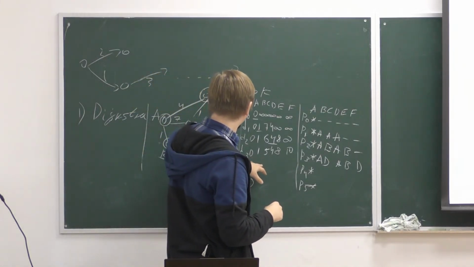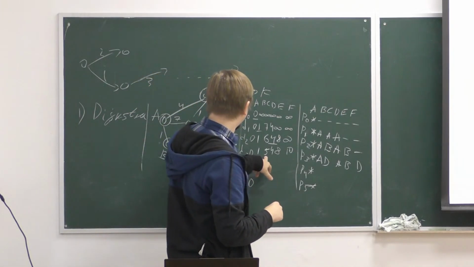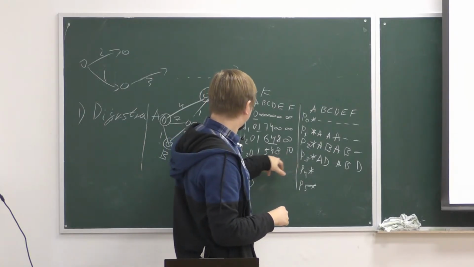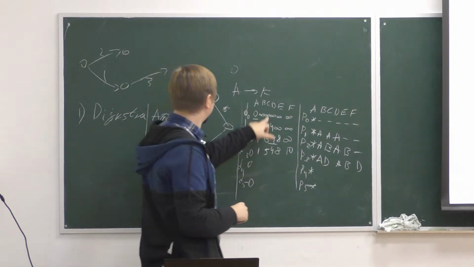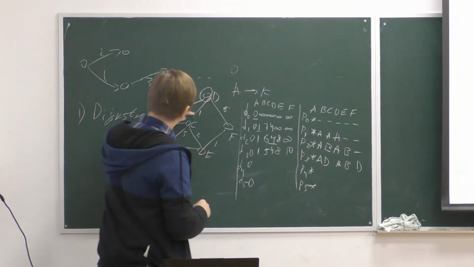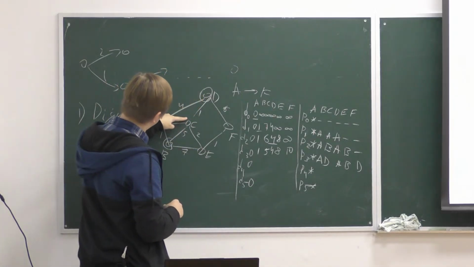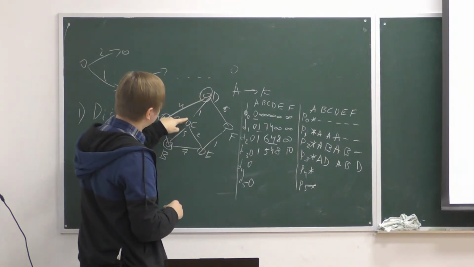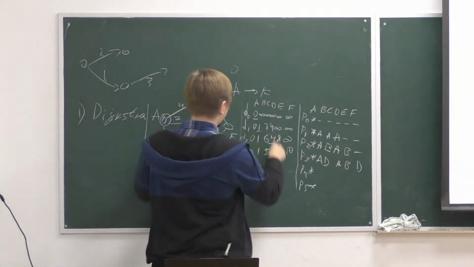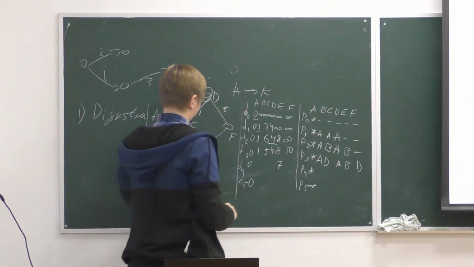Let's go further. The smallest one will be 5. We just have 3 not visited. 5, it will be C. So from C, we have visited vertices here and here, just one edge here. So this will be 5 plus 2, which is 7 in E. We put it here.